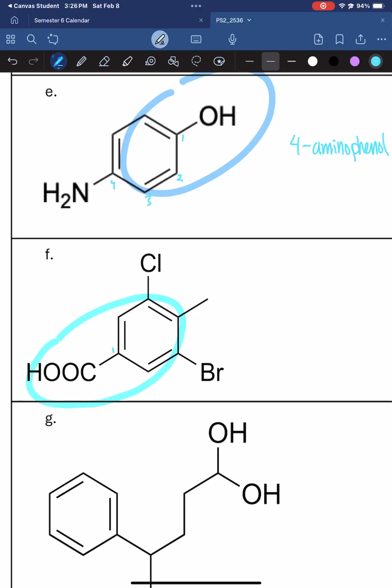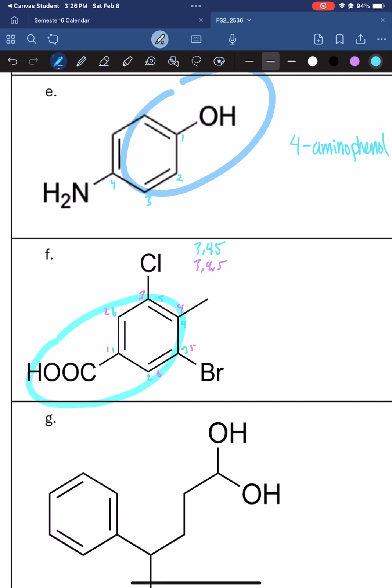So we could go either to the left or to the right. It's going to be 1, 2, 3, 4, 5, 6. So it's going to be 3, 4, 5 naming scheme if we go that way. This way it's going to be 1, 2, 3, 4, 5, 6. It's going to be 3, 4, 5 as well.